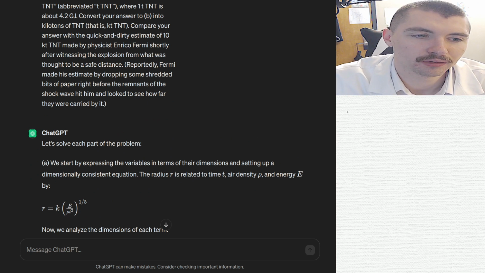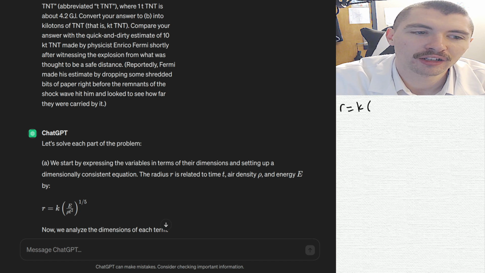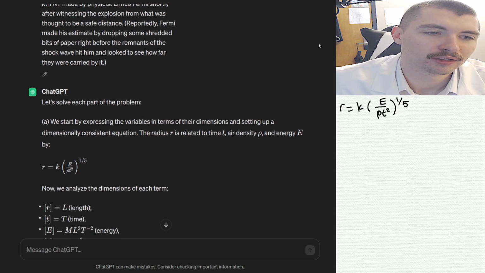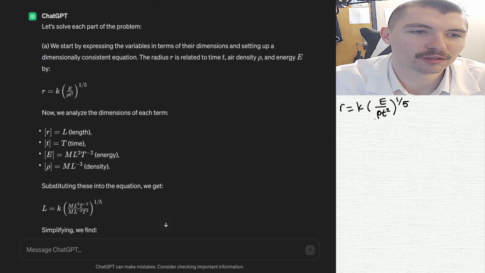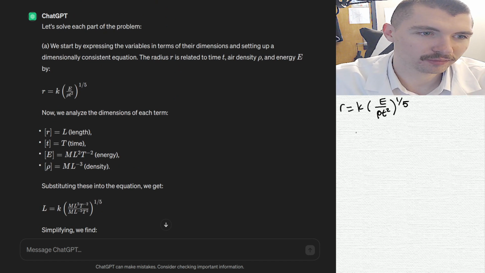Okay, so start by expressing the variables in terms of their dimensions and setting up a dimensionally consistent equation. Radius r is related to time. Let's see, so k E over rho, t squared, to the 1/5. Now we analyze the dimensions of each term.